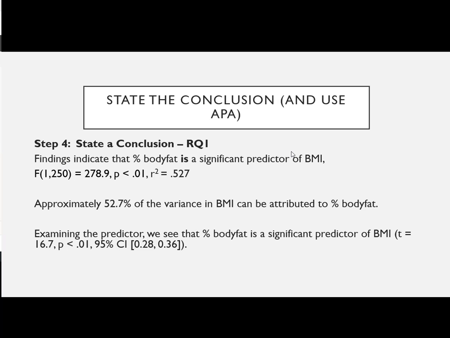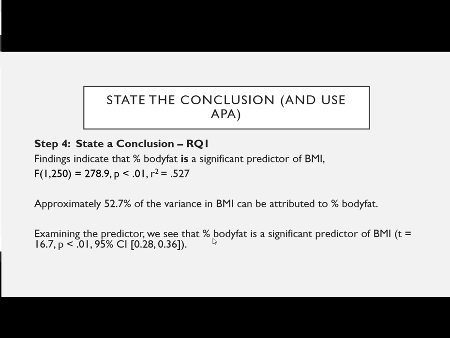Okay, so now we're going to state the conclusion and use APA. So we say, for research question 1, does body fat predict BMI? We say findings indicate that percent body fat is a significant predictor of BMI, F(1, 250) = 278.9, p < 0.001, R squared = 0.527. Approximately 52% of the variance in BMI can be attributed to percent body fat.